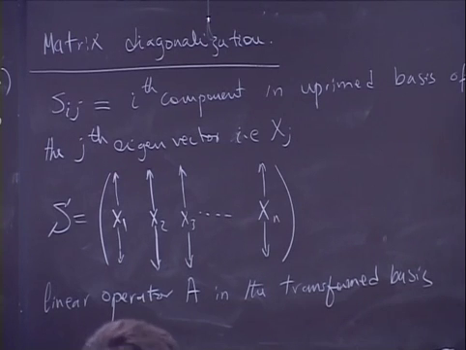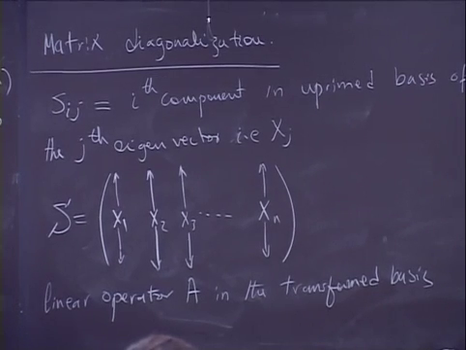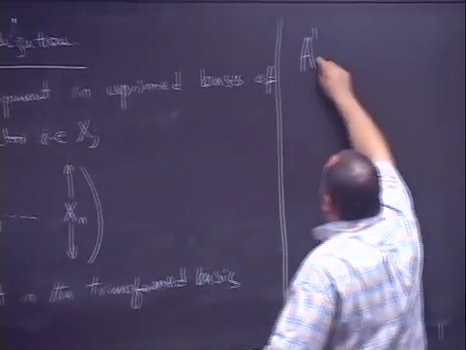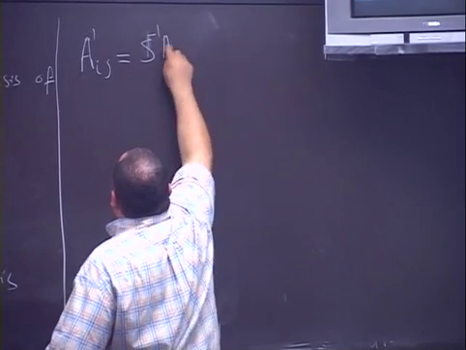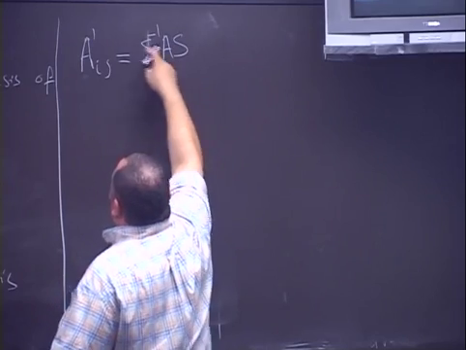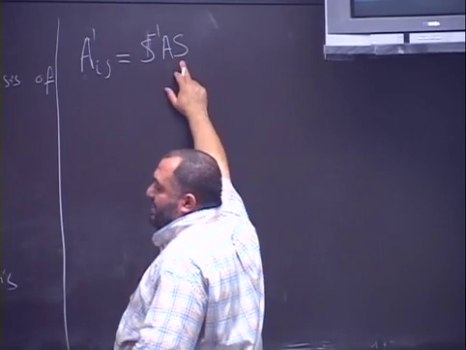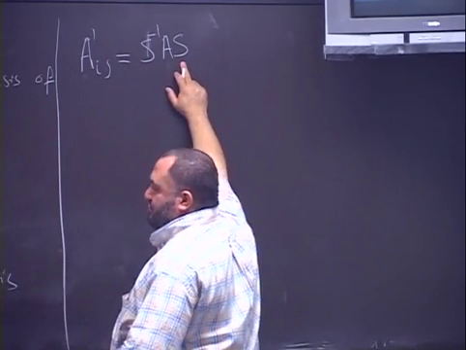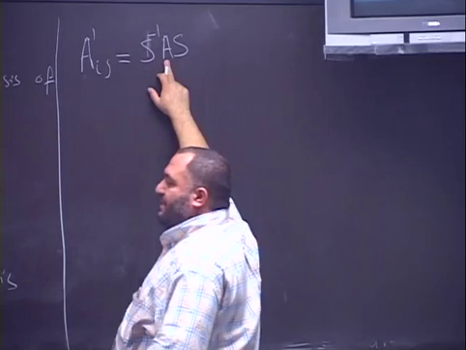So we started with A in the unprimed bases, which are E_i, and then we transformed A to the primed bases, and the transformation will be just the similarity transformation, S inverse A S. So you have a matrix A, and using the similarity transformation, you will transform it to a matrix A prime. And again, the transformation matrix is just the eigenvectors.